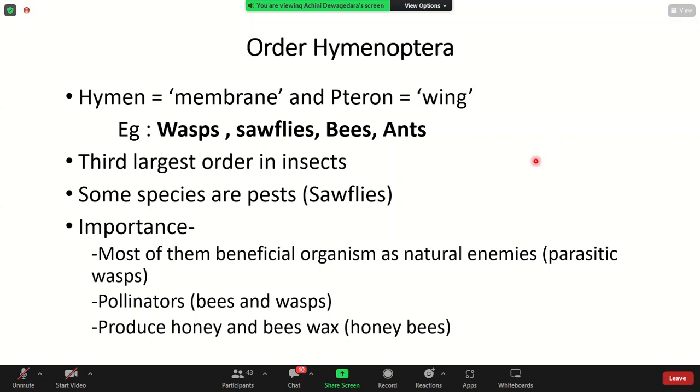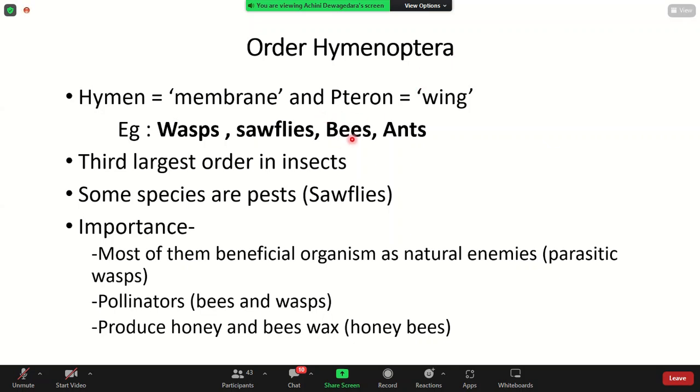Now we are going to move to order Hymenoptera. Order Hymenoptera consists of insects like wasps, sawflies, bees, and ants. Right? So hymen means membrane. They have membranous wings.